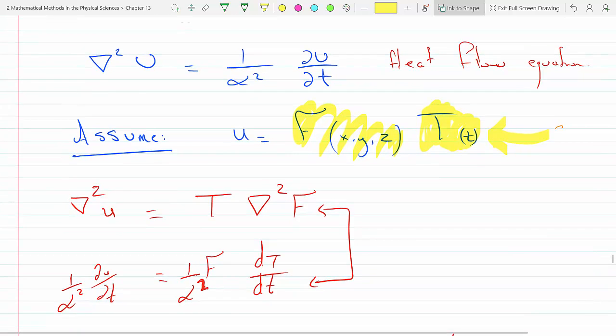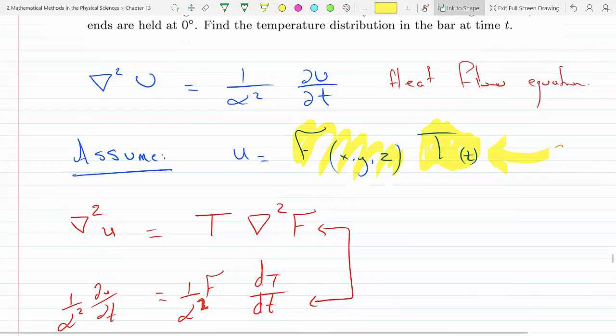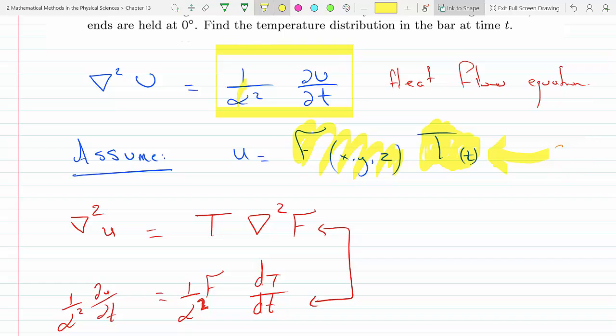Now I'm solving for the right-hand side of the equation. So 1 over alpha squared dU over dt equals 1 over alpha squared times dU over dt, which we said is just F times dT over dt, because as far as capital T is concerned, F is a constant, so it doesn't change.